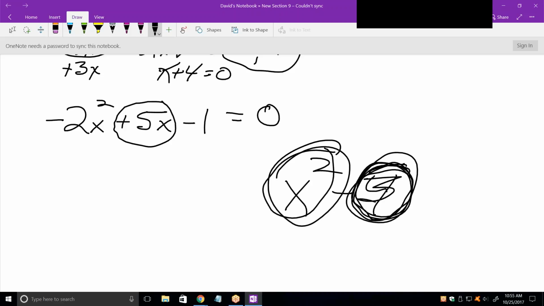Well, the best I could possibly do would be 1 times 2 and 1 times 1. That does not add to 5. So I can spot immediately that I'm not going to be able to factor this.